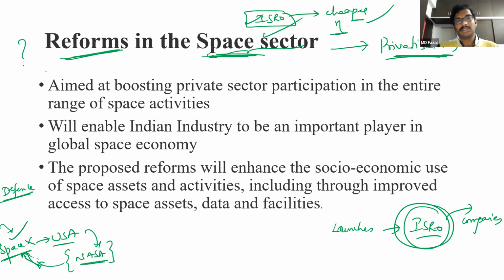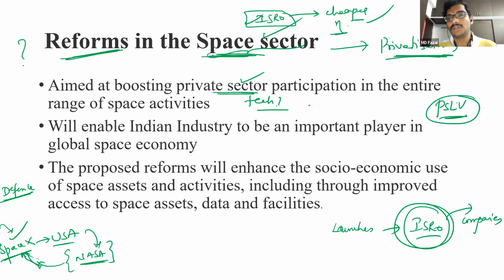The main reason is that if we boost the private sector, employment will rise and more technology will come. PSLV was created by ISRO long back. The technology is there. What ISRO is doing now is launching various satellites, Ku band, C band. The same repetitive task is done by ISRO.